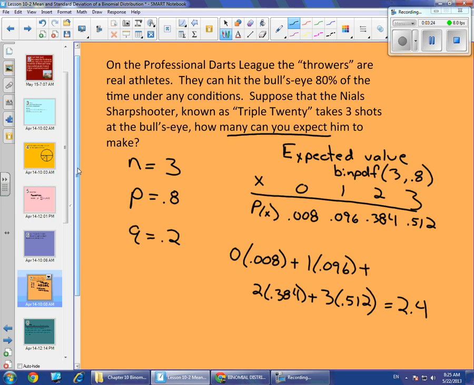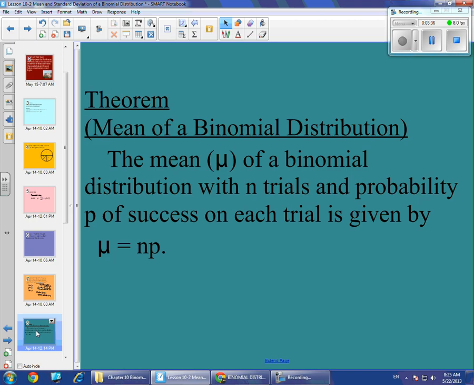Okay, but an easier way to do this calculation is basically just take the number of trials times 0.8. And this will be true whenever it's a binomial distribution or a binomial situation. So the mean of a binomial distribution, we abbreviate it with the Greek letter mu. And all we have to do is take the number of trials times the probability of success and multiply them together.